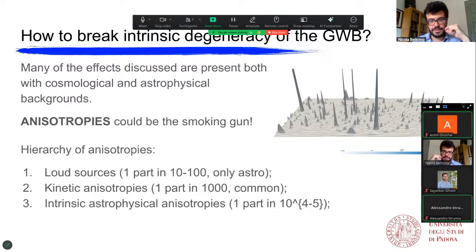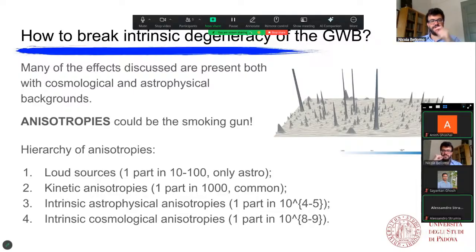And of course, this is going to be present only in the astro scenario. And finally, we have intrinsic cosmological anisotropies, which are way smaller.